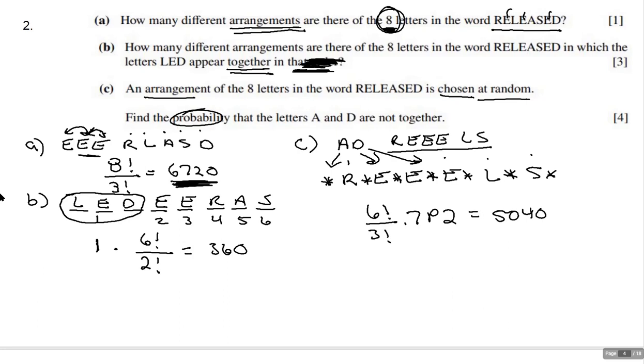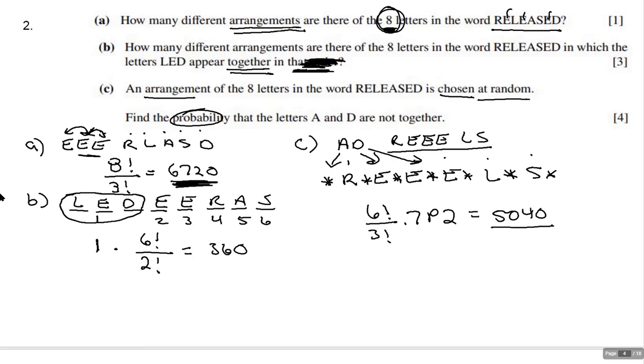5,040. All right, now keep in mind, this is a probability question, and you have to be careful because a lot of times in combination questions and arrangement questions, they just ask you for a number of ways. And other times, they ask you for probabilities. If they ask you to find a probability, you're going to start off by finding the number of ways, but you can't stop. So first, this meets the criteria of the A and D not being together. There's 5,040 ways for that to happen.